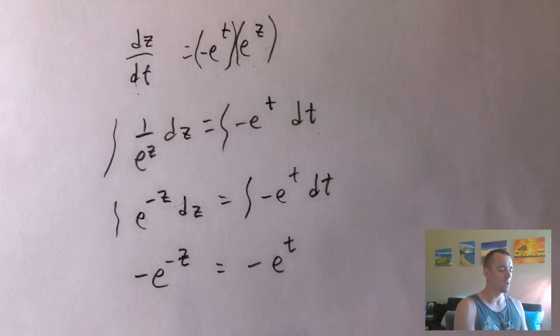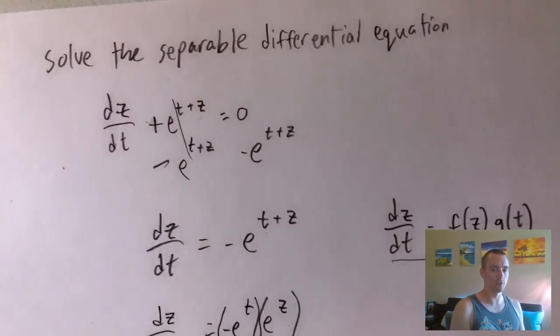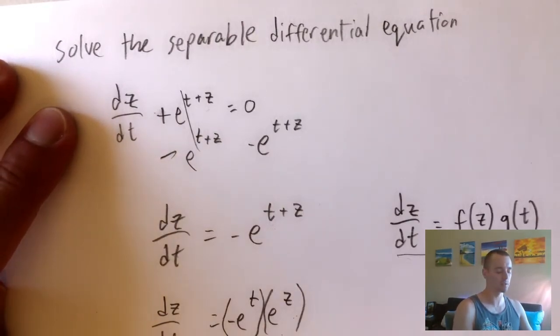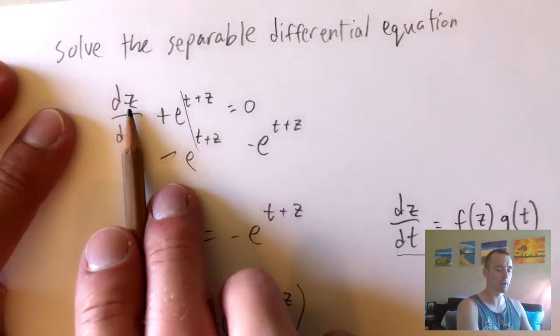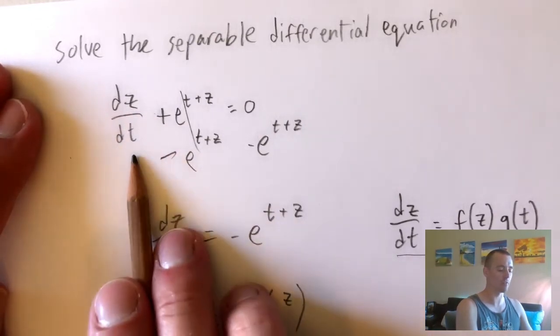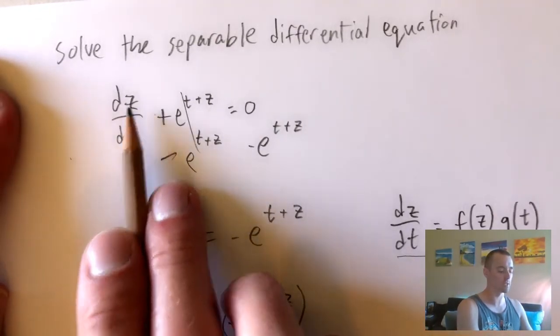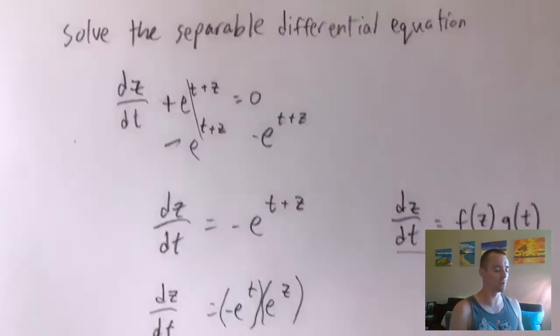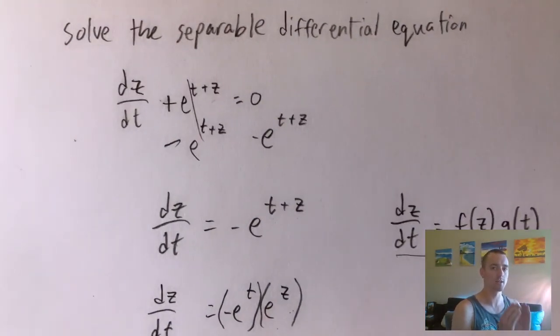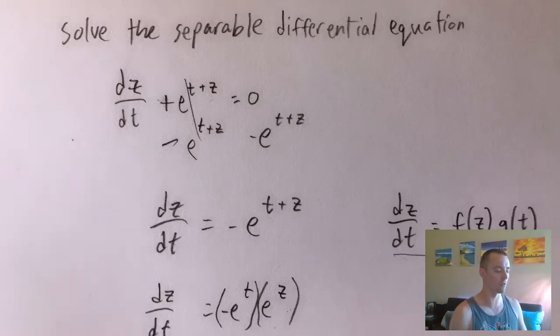Looking back at the very original problem, we had dz dt. So what that tells us is the letter that's on the numerator here, the z, is going to be the function, and the letter on the bottom is our variable. So z is a function of t, which means when we're trying to solve this separable differential equation, what we want to do is get z on one side of the equation that we're solving for, and then some function of t on the other side.